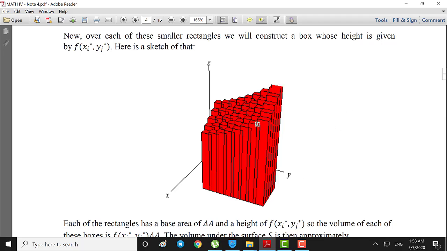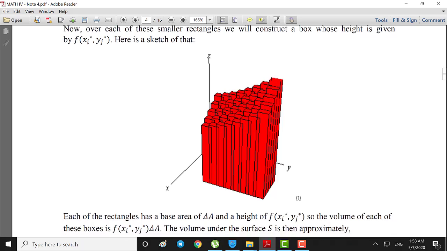This is our surface S. This is our region R. Now, these boxes are built up with the base equal to each of those smaller rectangles and the height equal to f of xi star, yj star. Okay?